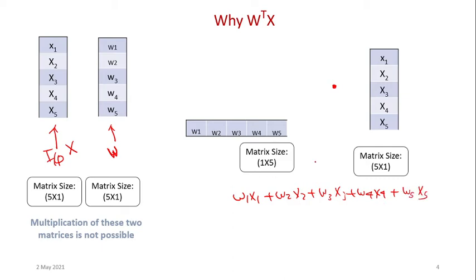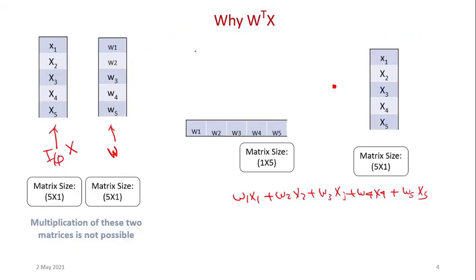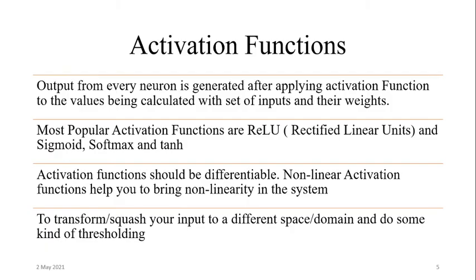Once you do this dot product, you will get this value, and this is what we were looking for. That's why we are doing W transpose X. Even many literatures say X transpose W. That will also give you the same result. So it is up to us what convention we follow, but in most places you will get W transpose X.